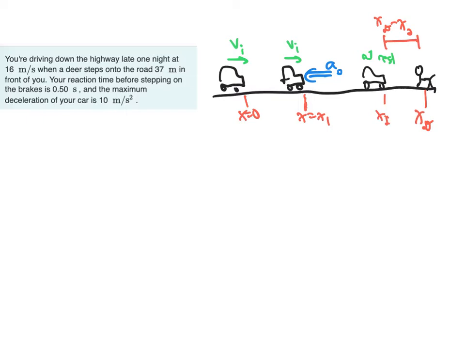This is xd, and this is vi. And I'm going to call this t equals 0, and this t equals t1.